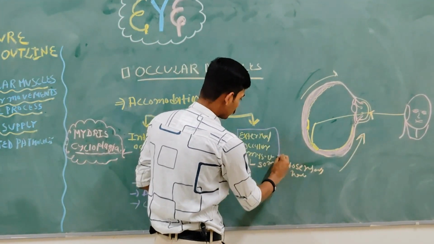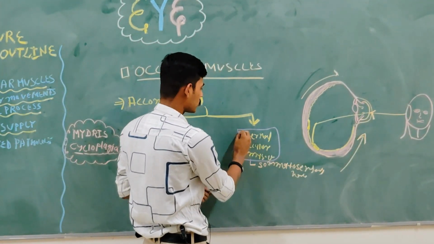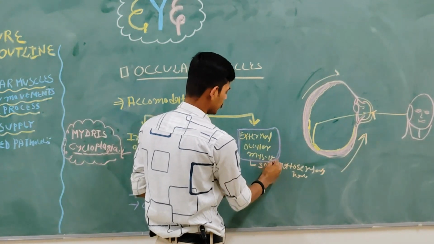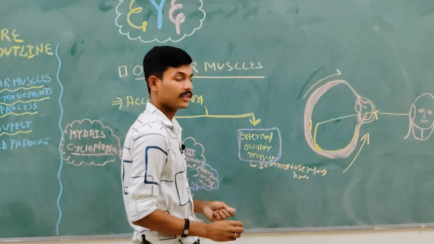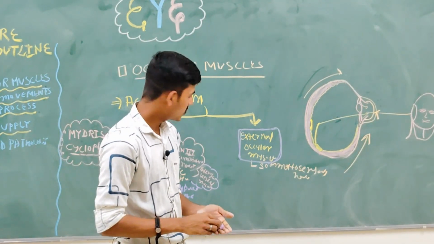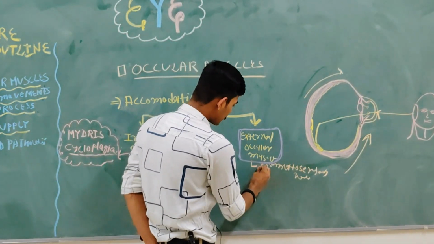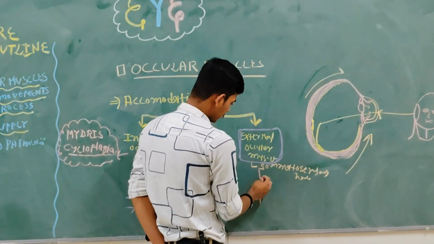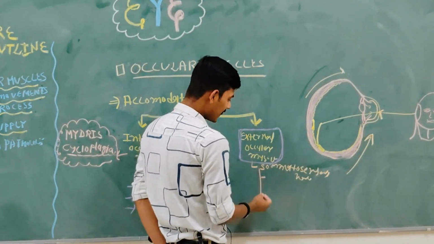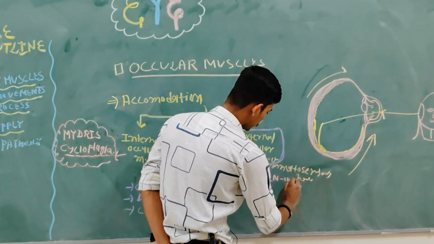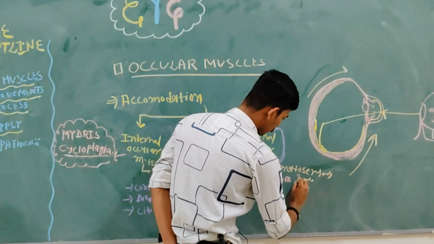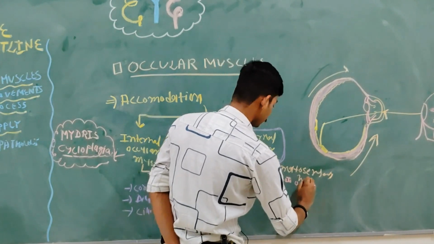This external ocular muscle, as I said, has a somatic nervous supply. So which nerves supply this? There are three sets of nerves. The first one is cranial number 3. What's the name of cranial number 3? Very good, it's the oculomotor nerve.